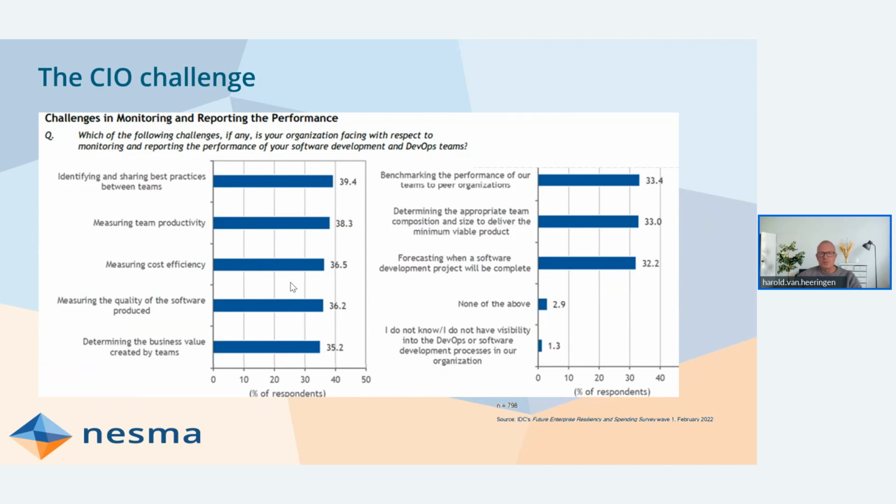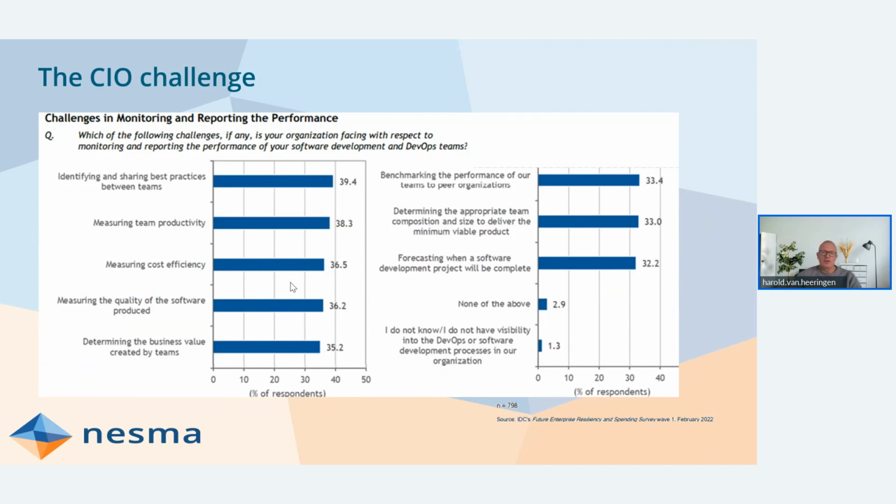They spend money on the teams. It's like 60-70% even of the total IT spend that goes to application development, but they don't have the metrics and the measurements in place to understand how this money is spent and if it's well spent, or to say how much value is produced by the teams, and is this in line with what you can expect from the money spent.